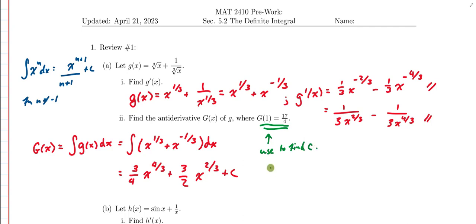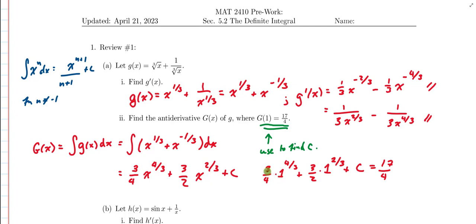So if we go ahead and do that, I'm going to plug a 1 into this function here, and then set it equal to 17/4. So I get 3/4 times 1 to the 4/3 power plus 3/2 times 1 to the 2/3 power plus c, and I'm going to set that equal to 17/4.